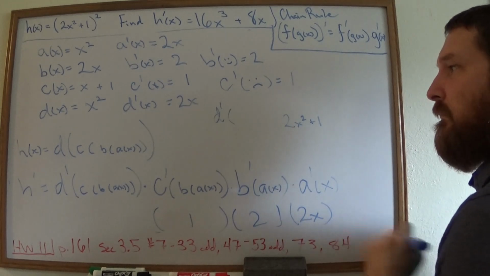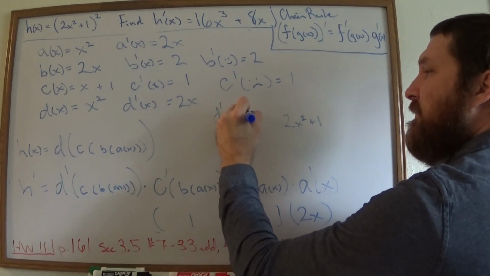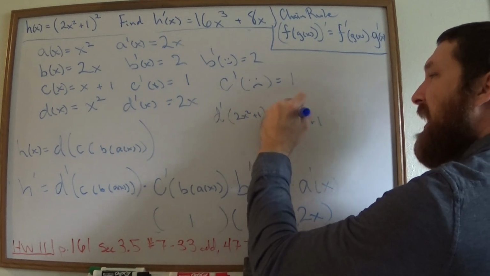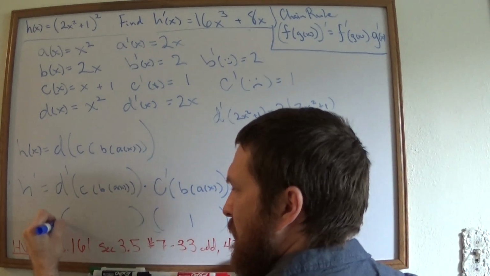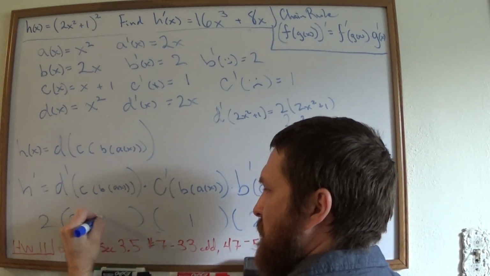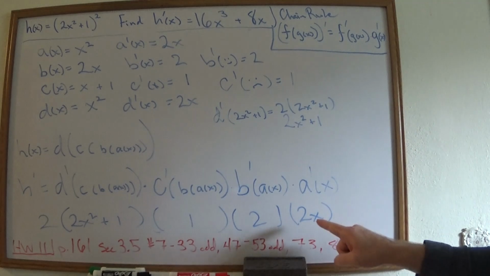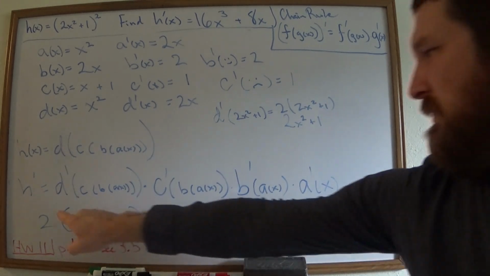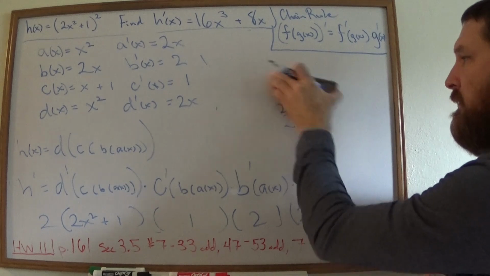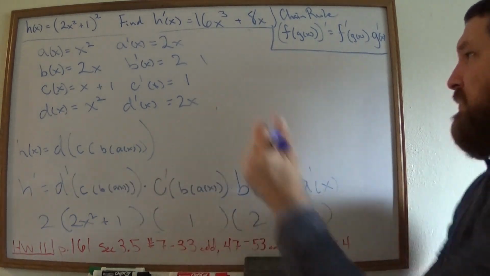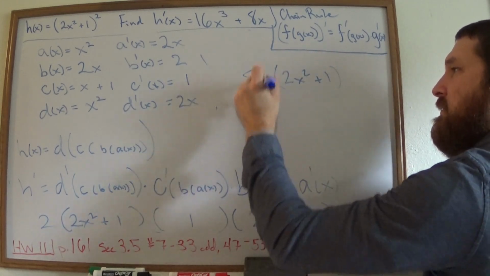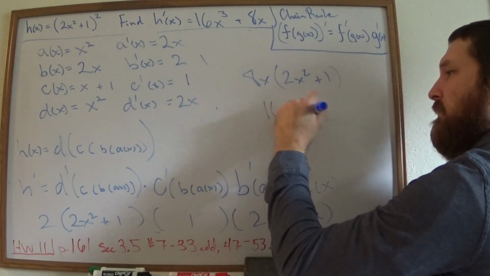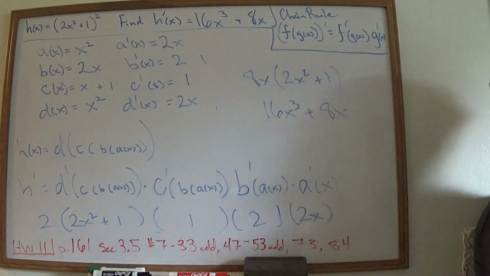And so D of 2x squared plus 1 would be 2 times 2x squared plus 1, which is 4x times 2. It's 8x. So 16x cubed plus 8x. Nice. Okay, cool.